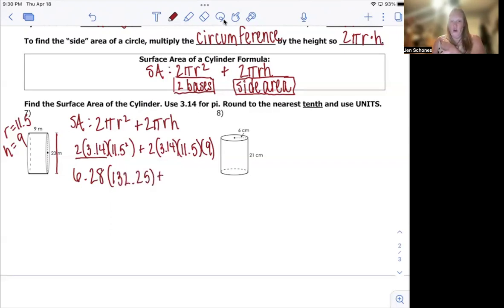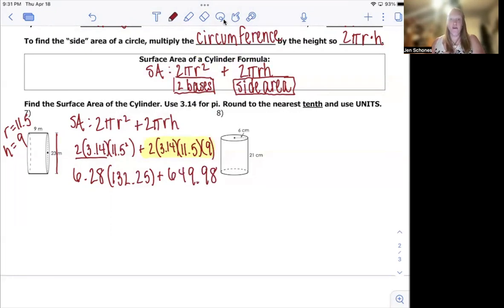Now I'm just going to plug all the other things into the calculator and do it at once, because it's just multiplication. So 6.28 times 11.5 times 9. I get 649.98.